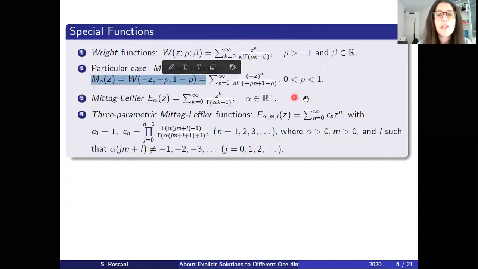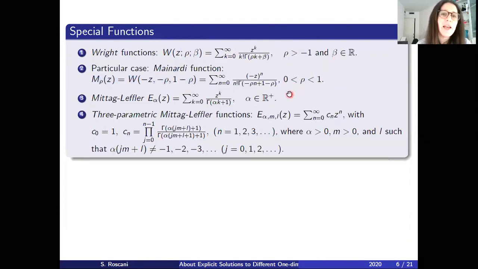Here rho is a real number between 0 and 1, and it is a function that is in the kernel of the fundamental solution to the time fractional diffusion equation.